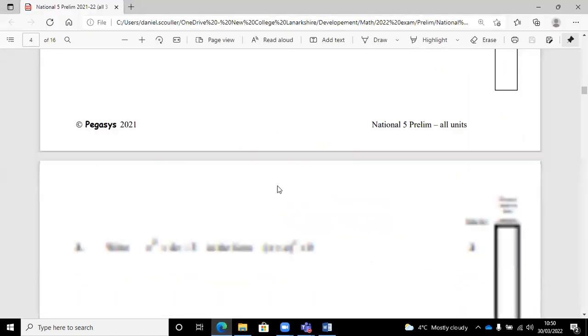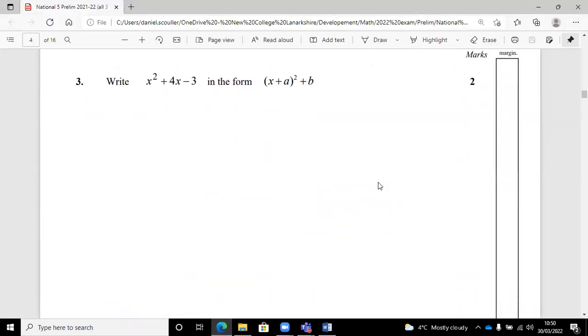Next question, question 3, was pretty poorly done across the board. Now it has been a while since we've done completing the square, but it's an important skill that you learn.